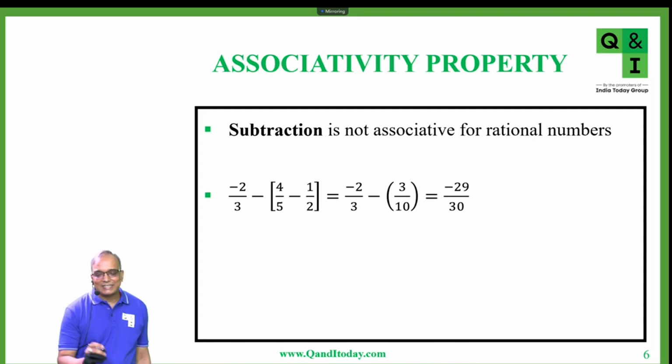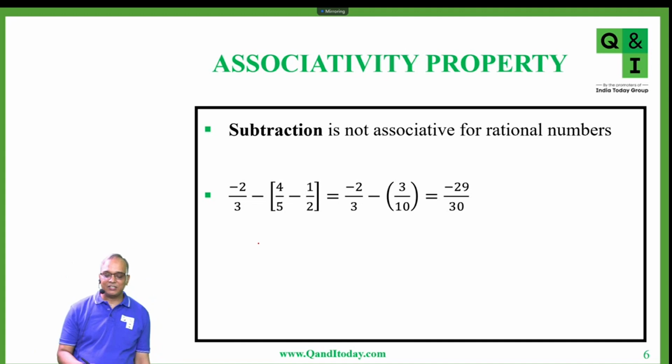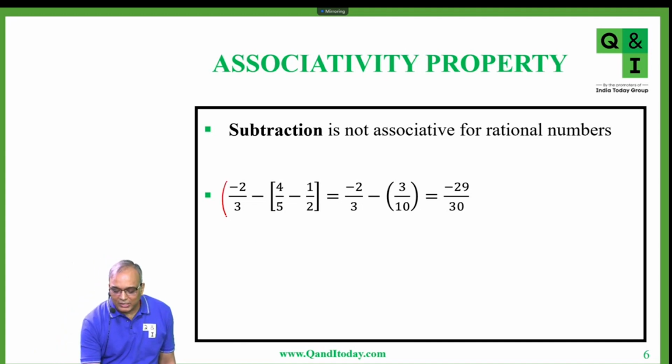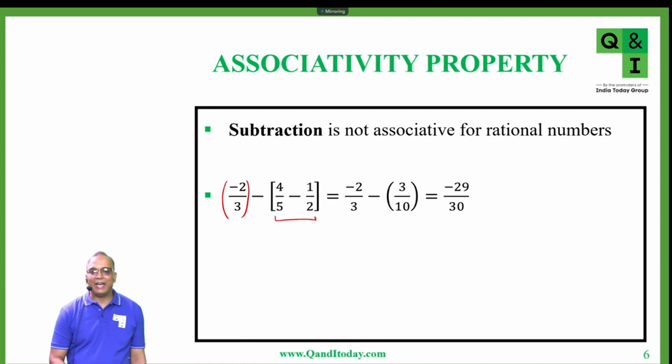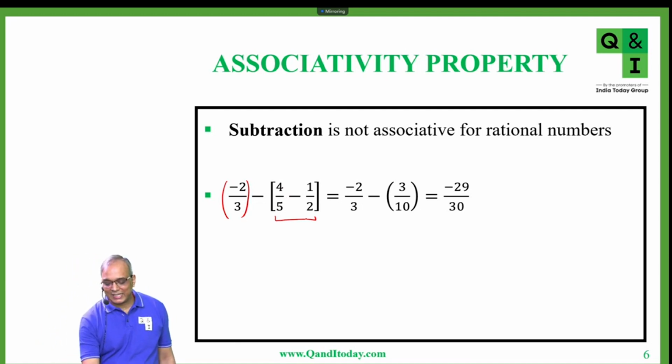So we have, let's say, three rational numbers, minus 2 by 3, 4 by 5, and minus 1 by 2. So now we are subtracting. We'll subtract 1 by 2 from 4 by 5 first. So 4 by 5 minus 1 by 2, we take the LCM as 10. So we'll get 8 by 10 minus 5 by 10.